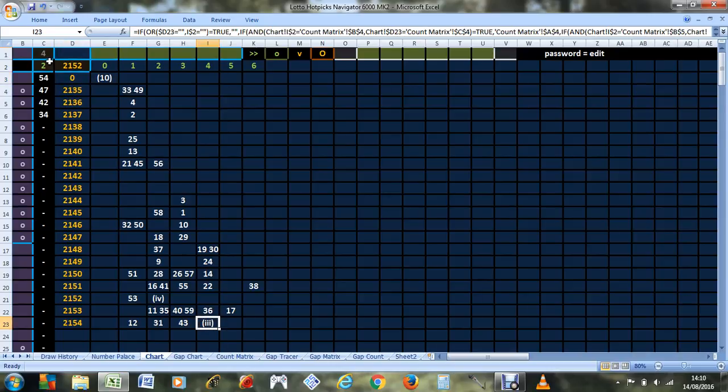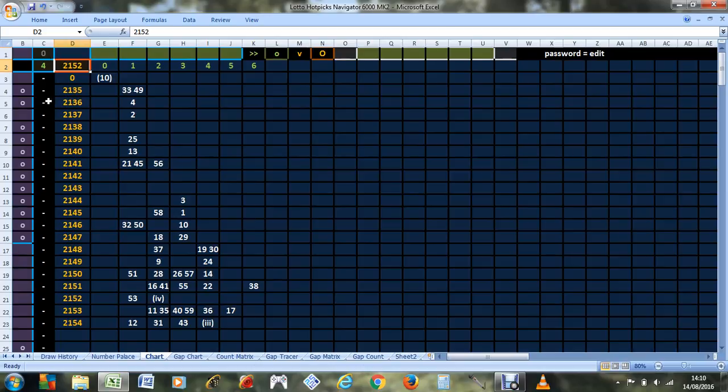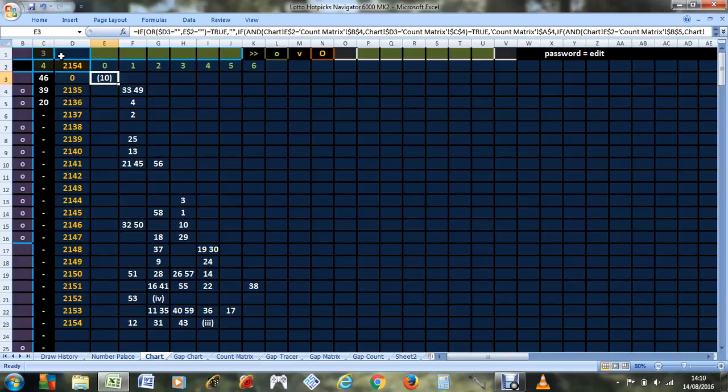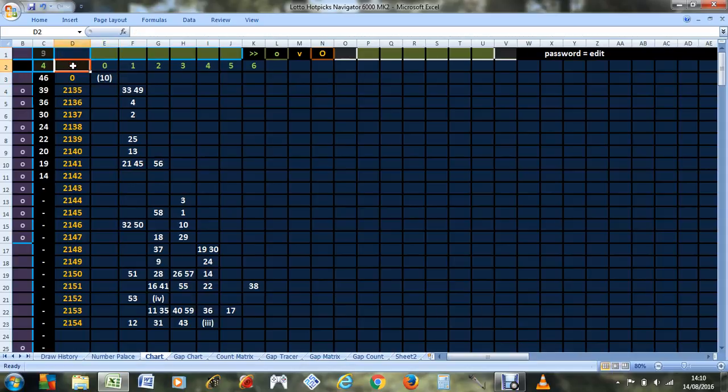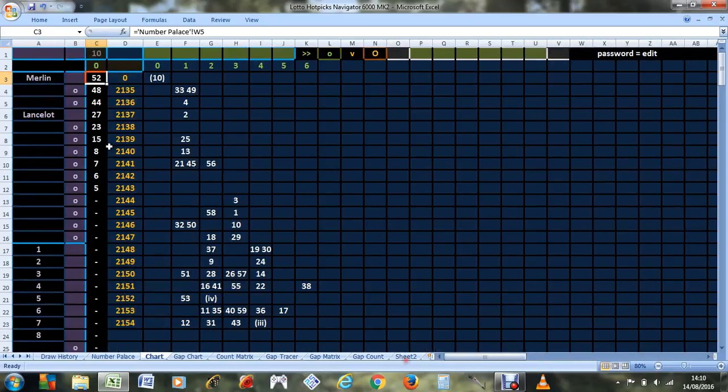I have this one, frequency number 4, most recent draw 2154. Those are the numbers that are in that square, and of course all the ones that haven't been drawn yet, there they are. That's the 10 numbers that are in that one, and that's the data for Merlin and Lancelot for all sets of balls.